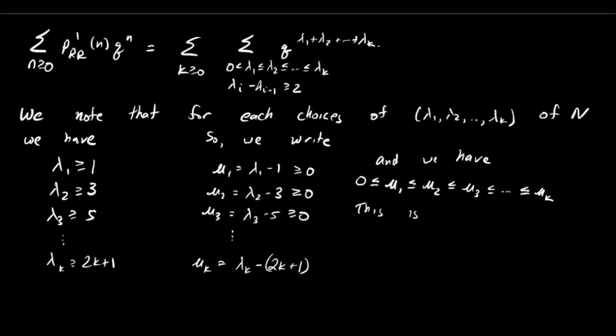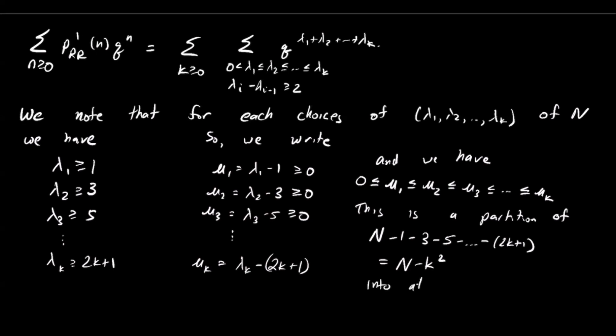So this is a partition of n minus 1, minus 3, minus 5, minus dot, dot, dot, minus (2k minus 1). And the thing that I might notice is that this is just a partition of n minus k squared, right? And what kind of partition do I have? This is a partition of that number into at most k parts, right? Because now the mu's are bigger than or equal to 0. So if zeros occur, we're not going to count them as parts. So this is a partition of n minus k squared into at most k parts.